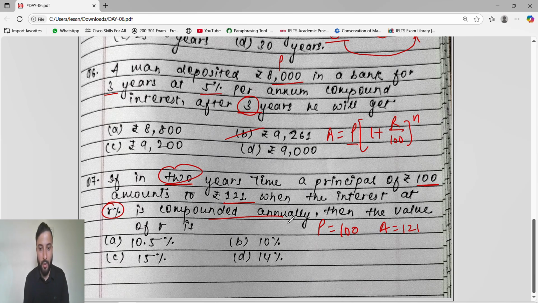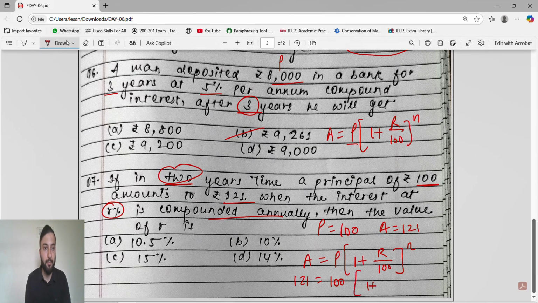The principal is 100, it amounts to 121, and time is 2 years. Compounded annually means amount equals principal into 1 plus r by 100, whole power n. Amount is 121, principal is 100, and then 1 plus.